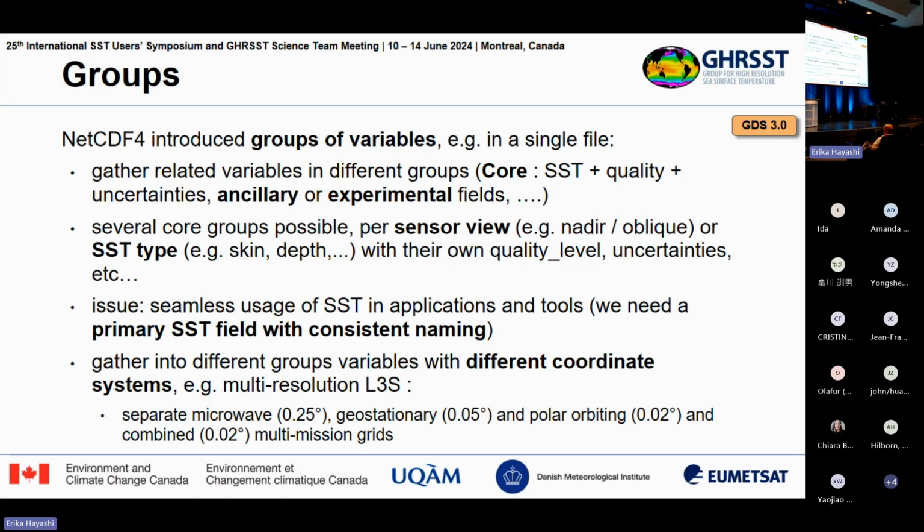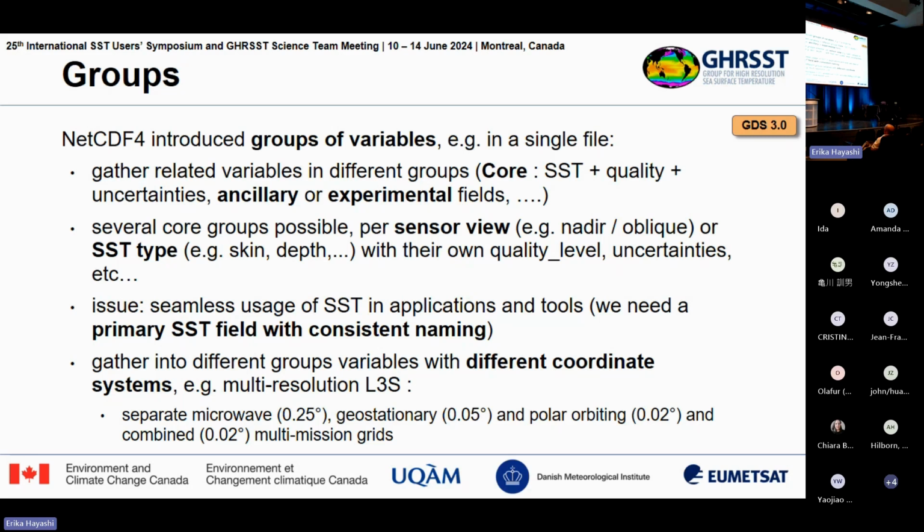And another case is when different SST fields may have a different coordinate system. This is the case, for instance, with L3S. If you merge into the same L3S microwave data that have, of course, low resolution, geostationary, and high-resolution polar orbiting data, you end up possibly with grids of different resolution.